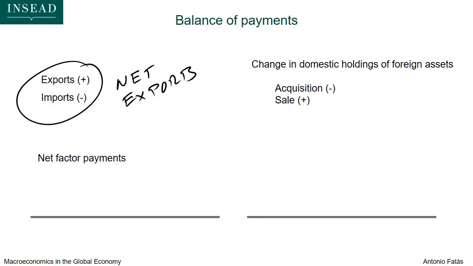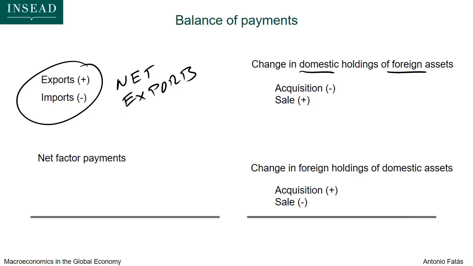We're going then to collect all the capital flows, and capital flows, we can put them in sort of two categories. Either our domestic investors are changing their holdings of foreign assets, or the foreign investors are changing the holdings of our assets, the domestic assets. Once again, what is relevant is to understand in which case we're talking about an inflow, in which case we're talking about an outflow of capital.